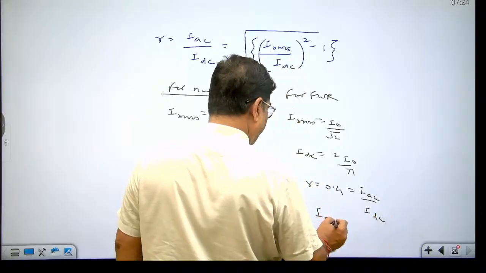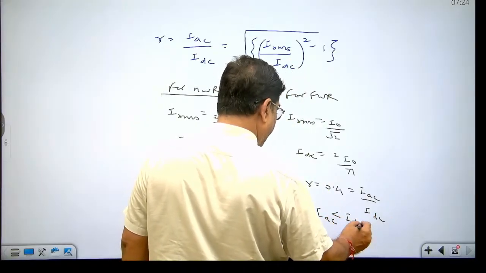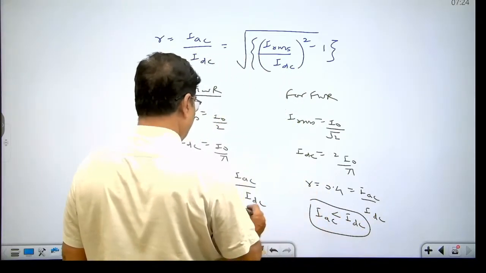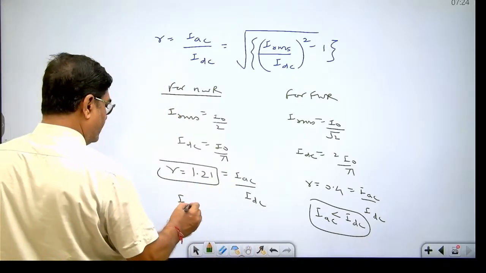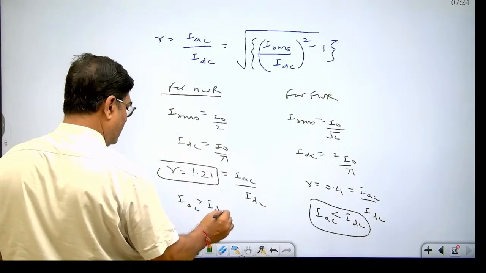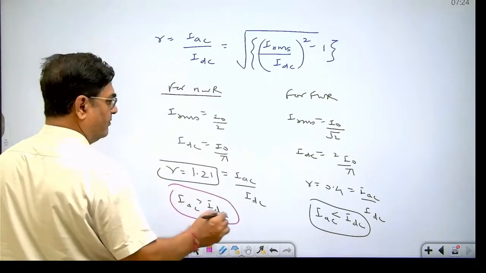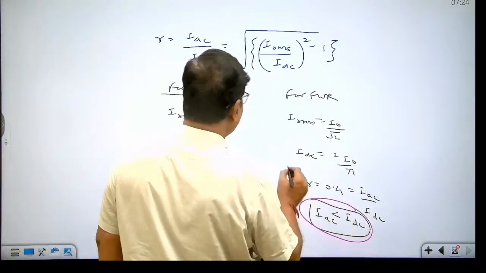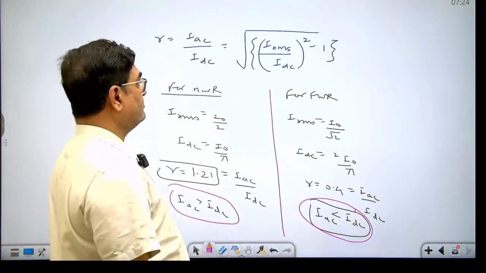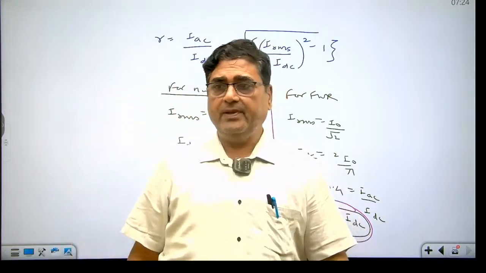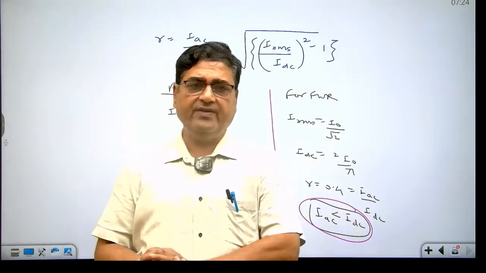But here in full wave rectifier, impurity is less than purity, okay. And here impurity is more than purity. So this is also an important parameter for rectifier and rectification.